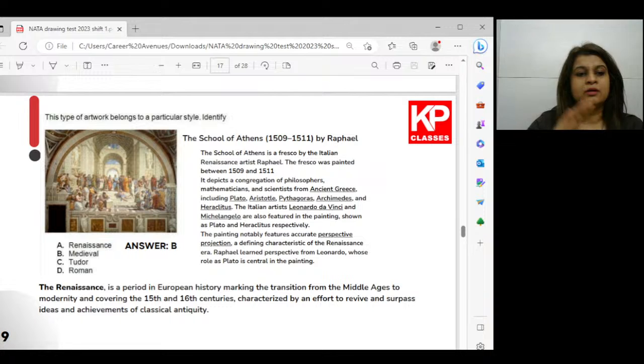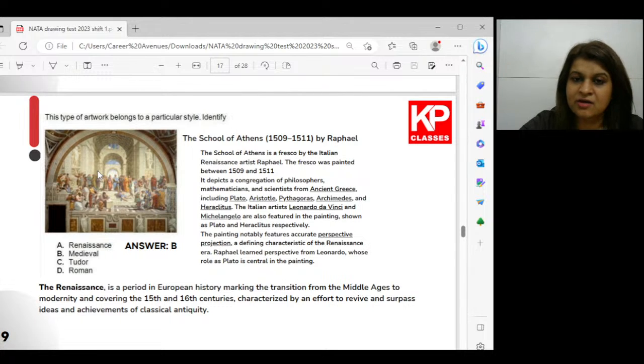So this particular era saw a great movement in terms of mathematics, architecture, painting, art, philosophy, right? And different scientists came up in this particular era. So this era is also known as the era of revival. So read about it, read about the important artists, and try and identify the artwork.